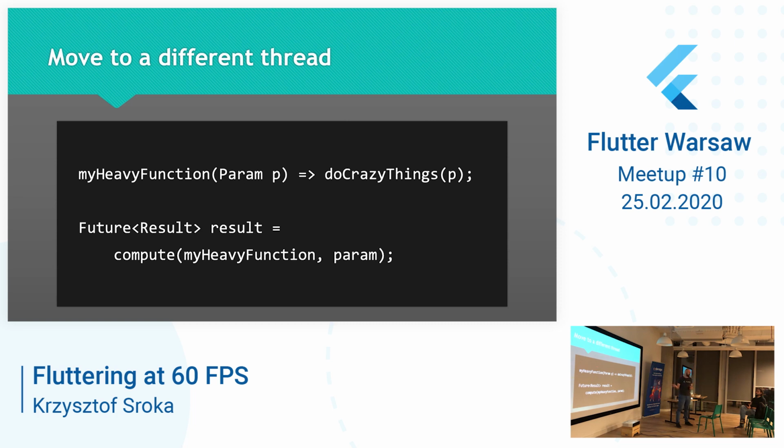If you have a heavy function, let's say, that takes a parameter and does something, instead of writing it like this, which will make it run on the UI thread of your Flutter application and block the framework from doing all the other necessary work, like cleaning widgets, use the compute method. It's from some Dart standard library, I don't remember, dart:async possibly, which is going to create a new thread and pass your function with all the required parameters to it.